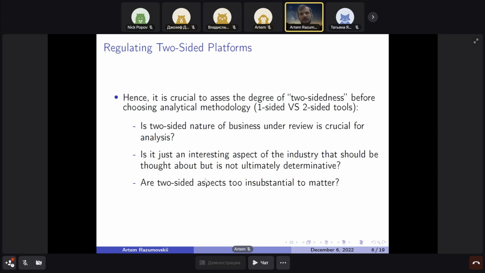Since the course is still quite new, it's just a few years since we did it, and there are not that many papers about two-sided platforms and how to regulate them. It's even the next question, right? Firstly, we need to understand how things go on inside.